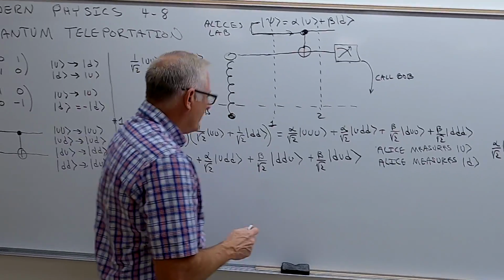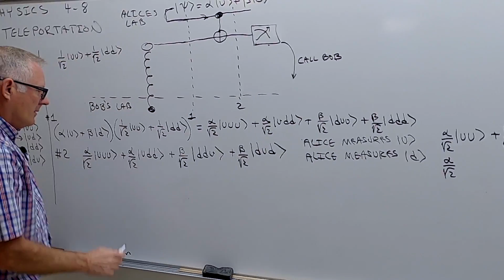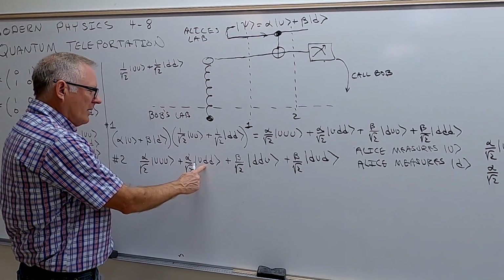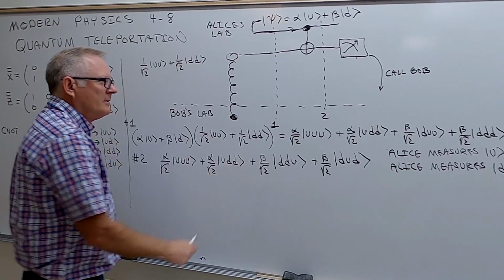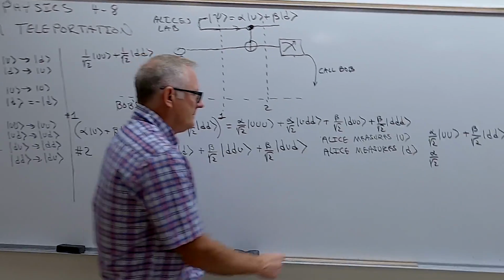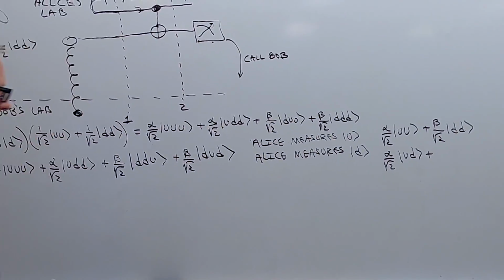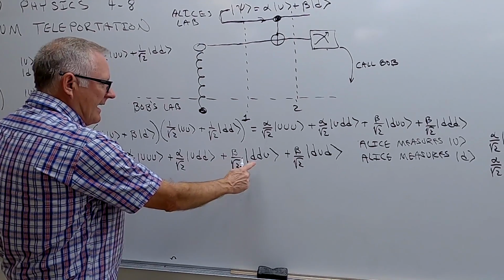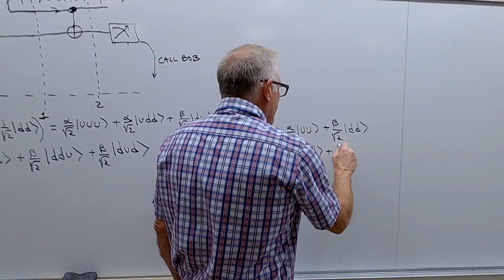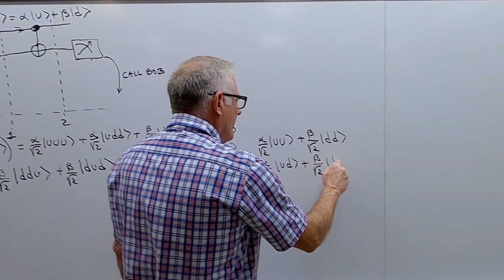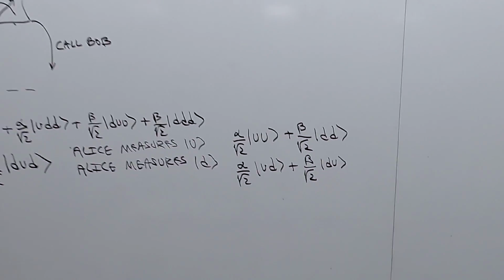So it'd be alpha over the square root of 2, got rid of the middle one, up, down, up, down, plus, we're doing the one where the middle one is down, beta over the square root of 2, down, up. Okay, those would be whatever they were right here.